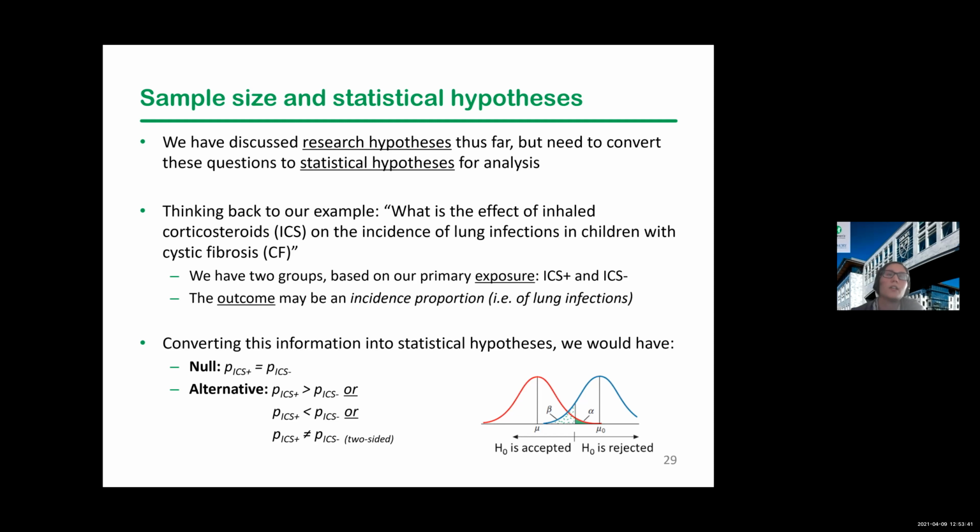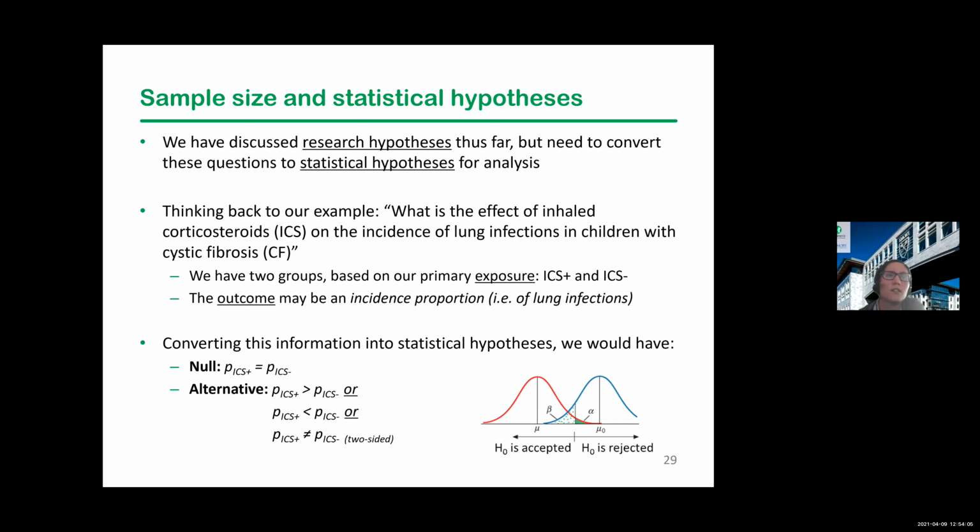So we talk about it in terms of null and alternative hypothesis statements. In this case, the null would be that we don't see a difference in that incidence proportion of lung infections between the two exposure groups. And the alternative is, we could have several alternative hypotheses. There's one-sided and two-sided.